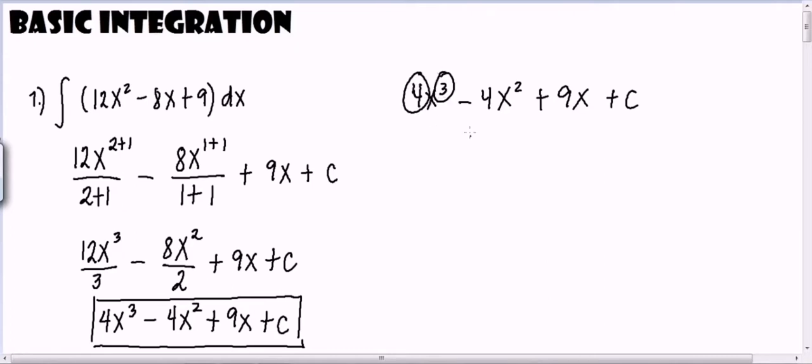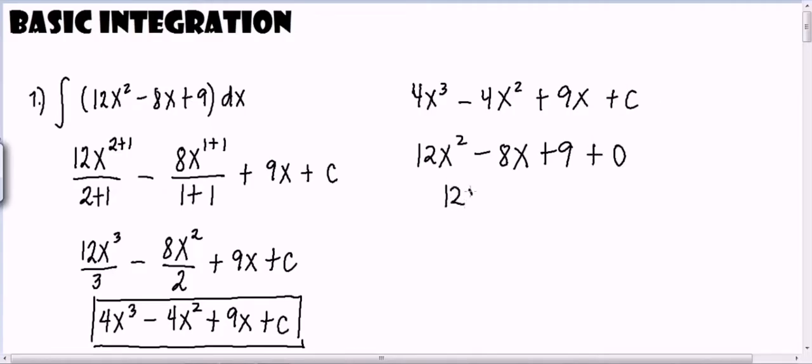So, 4 times 3, that is 12x. So, 3 minus 1 is 2. Okay? Minus 4 times 2 is 8. Okay, x. So, 2 minus 1, that is 1 na lang. And then, derivative nito is 9 na lang. So, mawawala yung x. And derivative ng constant is 0. So, the final answer is 12x squared minus 8x plus 9 dx.